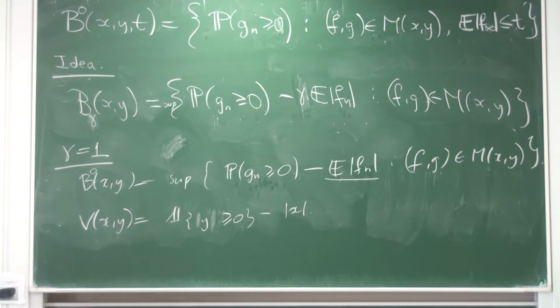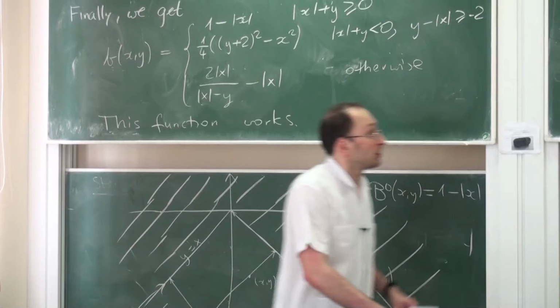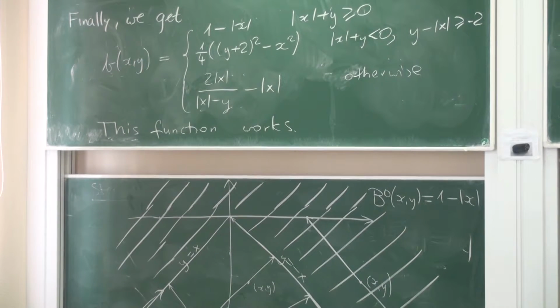Perhaps, for the sake of completeness, I should write here that this function works, I mean that all these conditions 1, 2, and 3 are satisfied, and so on. So this is the function which coincides with this b0.